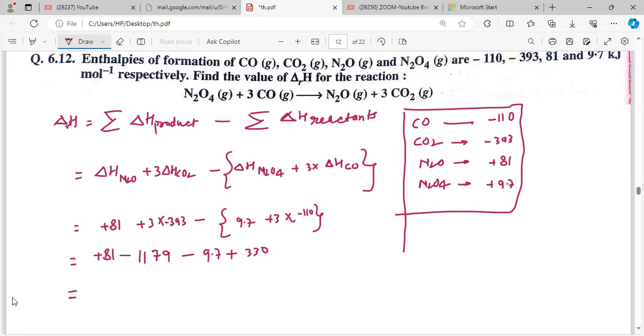Solve it and let me know how much it's coming. So 81 plus 330 is 411, minus 1179 minus 9.7. So what will be there here? Minus 1179 minus 9.7.